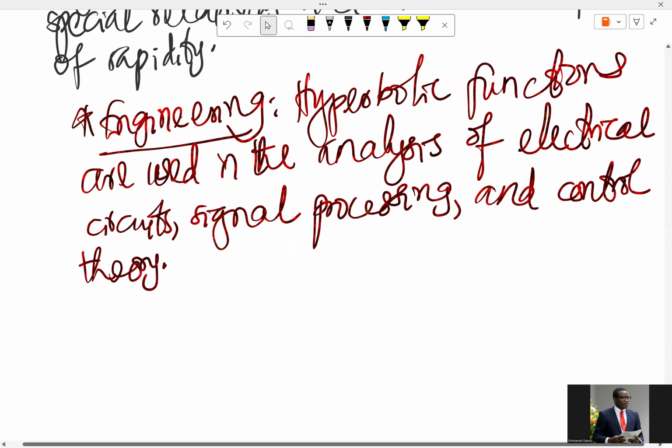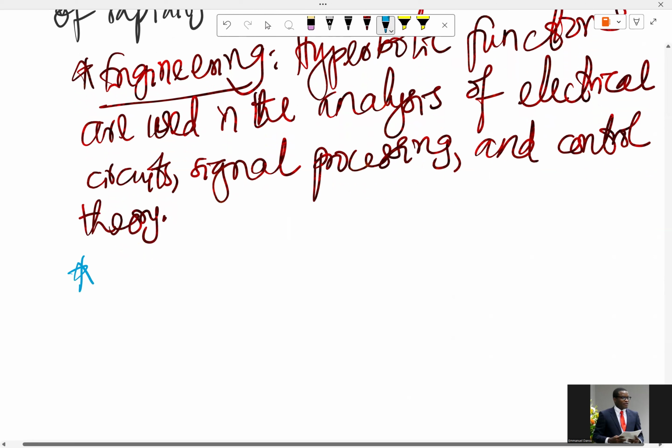Okay, lastly, let's talk about the significance of hyperbolic functions in hyperbolic geometry.